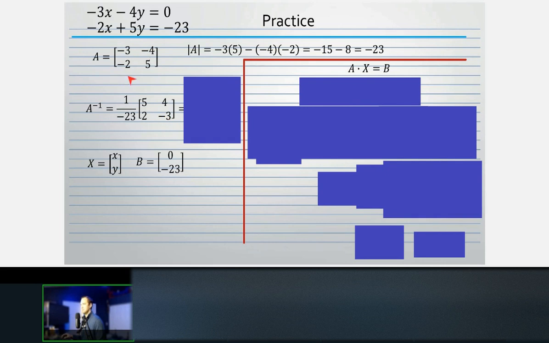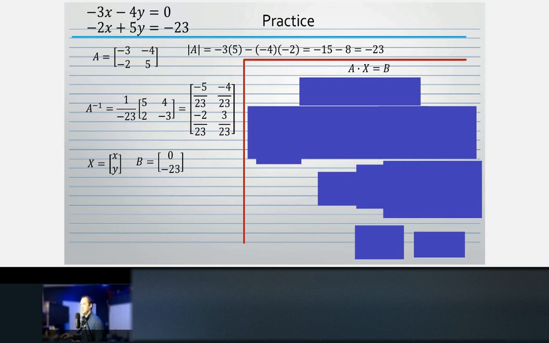These elements stay in the same place, but we just flip the sign. So negative becomes positive and negative becomes positive. And then we have to multiply it, right? And don't forget to simplify if we can. It looks like everything is simplified.